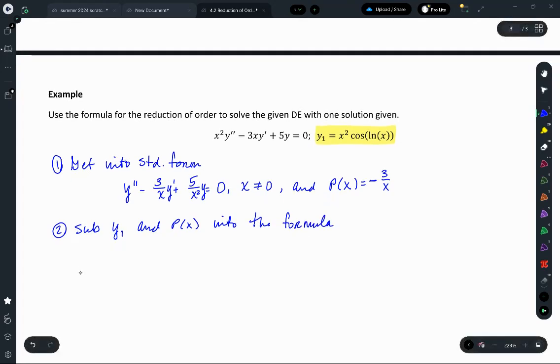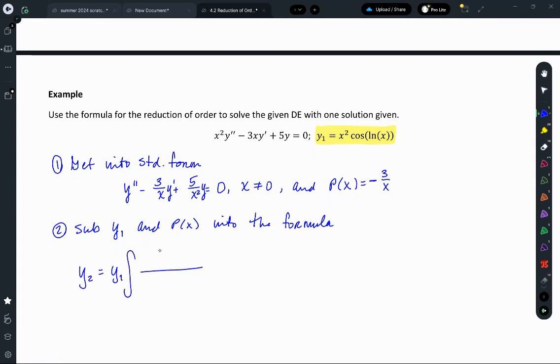So I'll write it out again. y2 is y1 times the integral. It has a fraction in it. The numerator is e to the negative integral of p of x dx. The denominator has y1 squared and then dx. So let's put everything in. y1 is x squared cosine of ln of x times the integral.